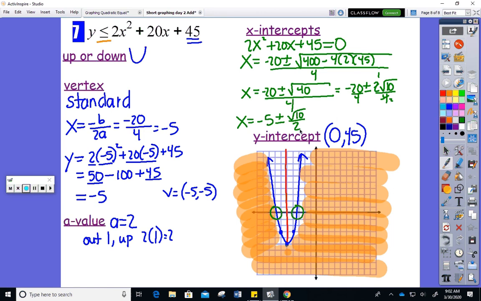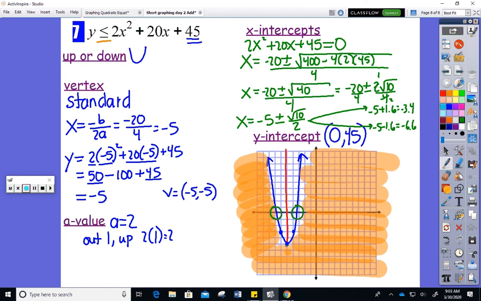Now, if I want to find out what this is, let me show you decimal-wise to see how close I was on my graph. If I punch in the square root of 10 on my calculator, and I divide that by 2, I get 1.6. So this is negative 5 plus 1.6 and negative 5 minus 1.6. Well, that's negative 6.6, and negative 5 plus 1.6 should be negative 3.4.